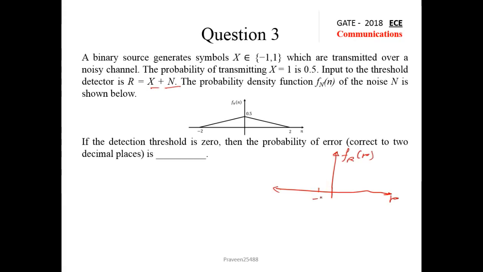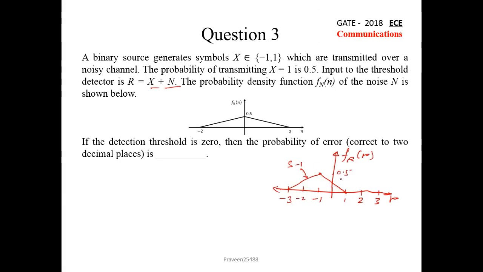It will be centered at -1, its amplitude would be 0.5, and the width is from -3 to 1. Now this is for symbol x equal to -1.